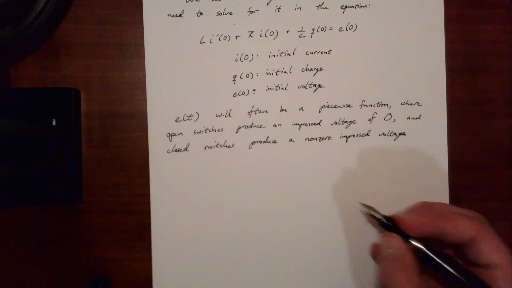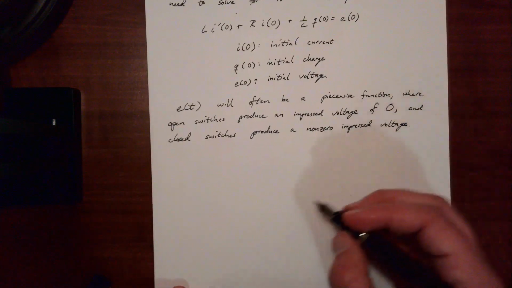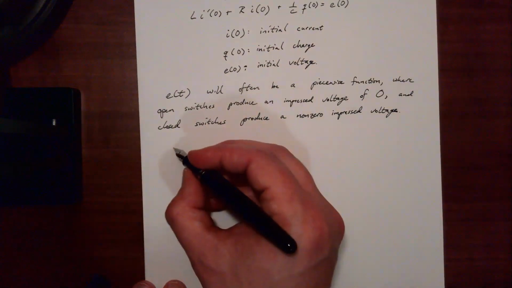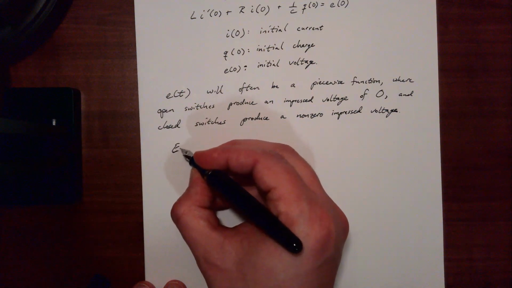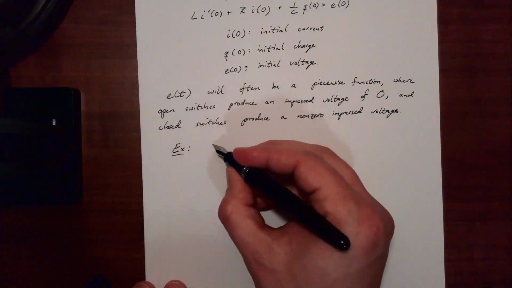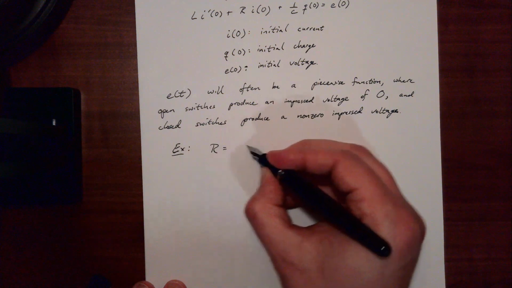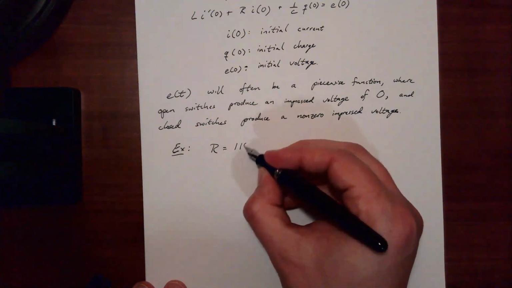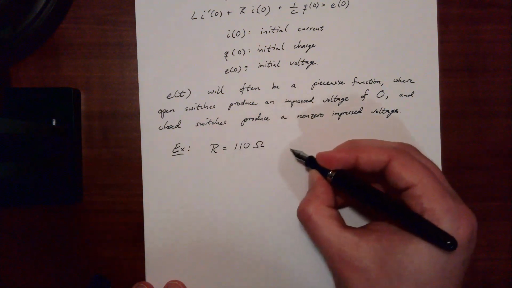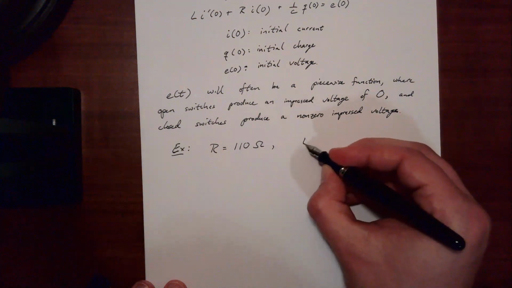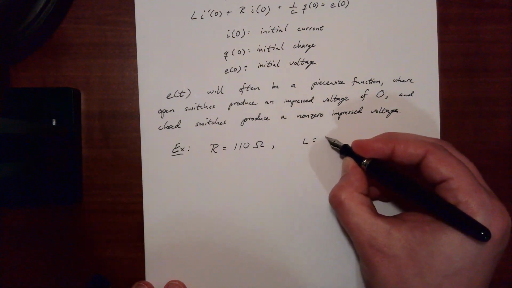All right, let's just see what this looks like as an example. For example, let's just say we have a resistance of 110 ohms. We have an inductance of 1 Henry.